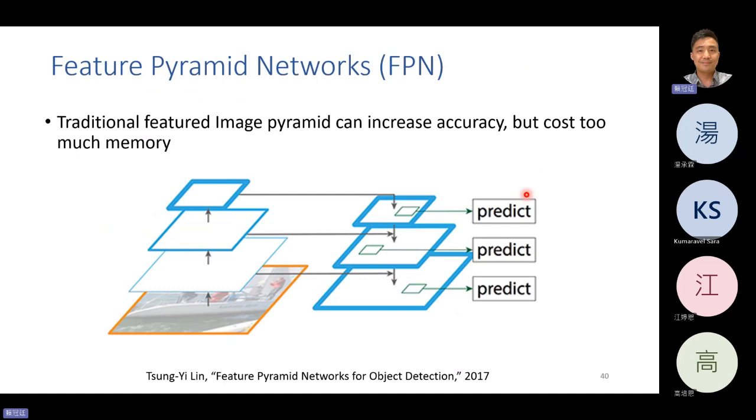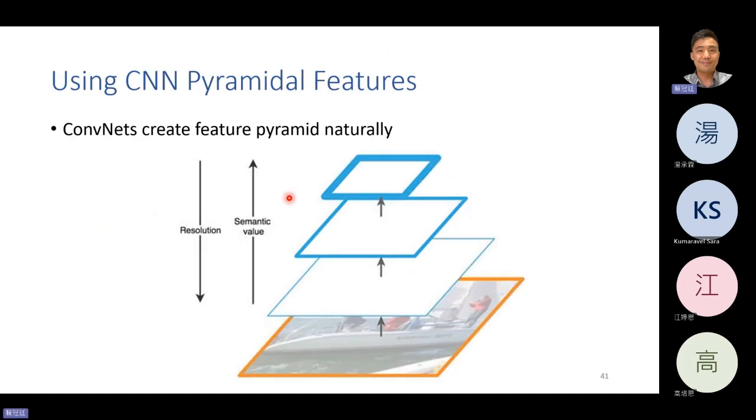So how can we detect objects at different scales? We can do something like this, a feature pyramid. We downsize the feature map at each layer and try to predict. Prediction on a smaller feature map means detecting large objects. It's a very common trick.